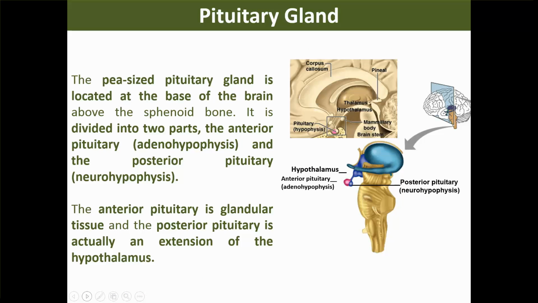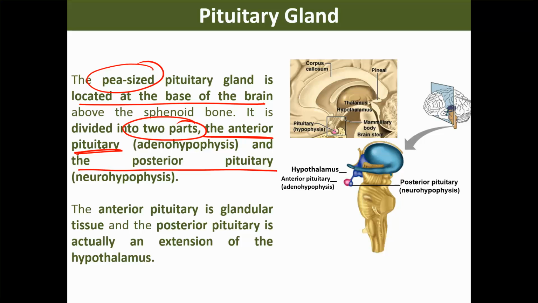So now let us discuss the pituitary gland. It's a very small tiny gland, pea-sized, located at the base of the brain, and it has two parts. The anterior pituitary and the posterior pituitary, but we should know the other names of it, very important.